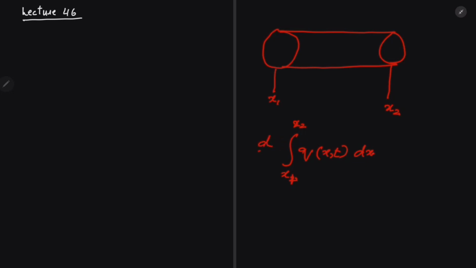If I take a derivative of that, then it means that the quantity is changing inside this object, in this geometry. And this is occurring due to the flux entering at point 1 minus the flux which exits from point 2. By following the same thing, we can also write the numerical version of this quantity.